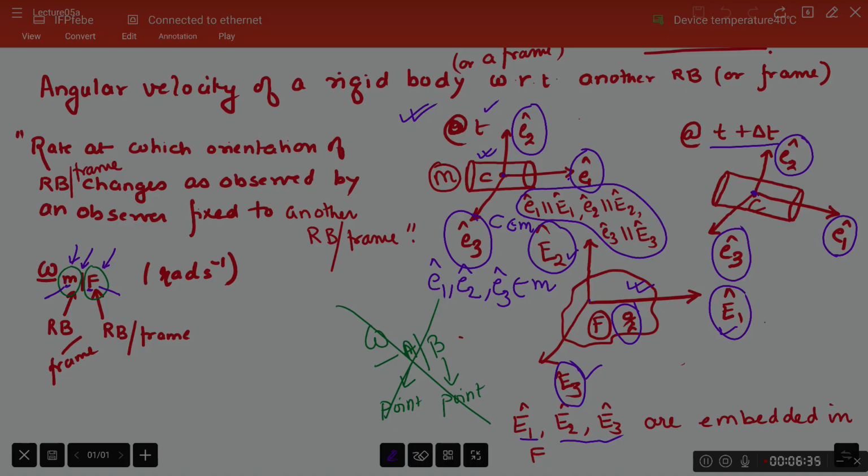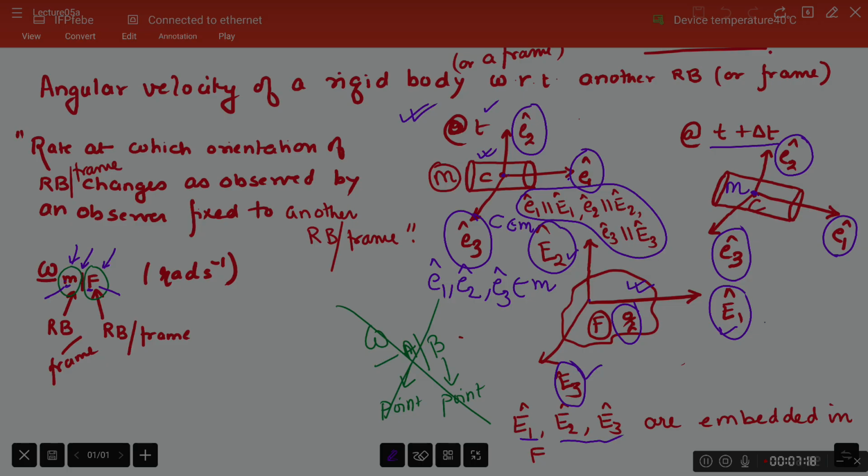This is a visualization of what can be called the change in orientation of the body M with respect to F. Since in general the small e1, e2, e3 are no more aligned to big E1, E2, E3, we would say that the relative orientation of M has changed with respect to F. The angular velocity vector tries to measure the rate at which this orientation changes with time.